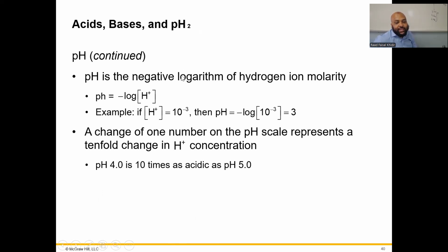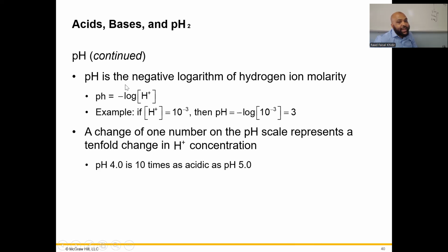The pH is the negative logarithm of hydrogen molarity. So the pH is minus the log of H plus. As an example, if the hydrogen proton concentration is 10 to the power of minus 3, when I take the negative log of that, I will make the 3 positive. So now it will become 3. You need to know this relationship. What is the pH?